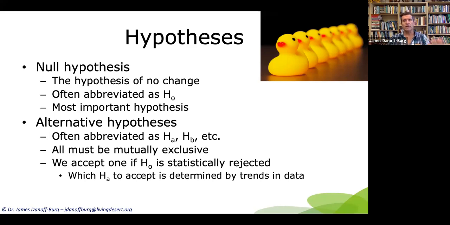That women are more effective than men at using cheetah dogs because they work better with dogs or what have you, whatever the mechanism actually is. So that's one alternative hypothesis. Our second alternative hypothesis is just the opposite. And what's the opposite of that first alternative hypothesis? If you said that men are more effective than women at using cheetah dogs, you're right.